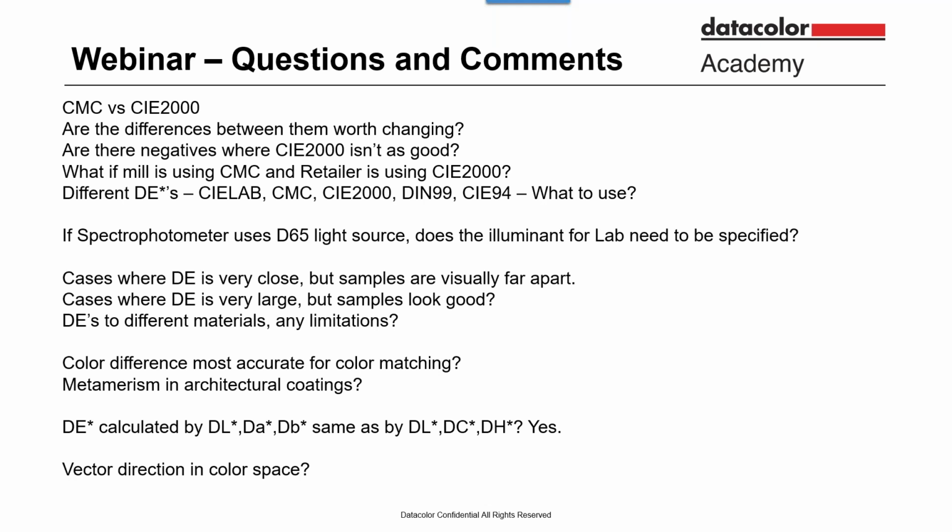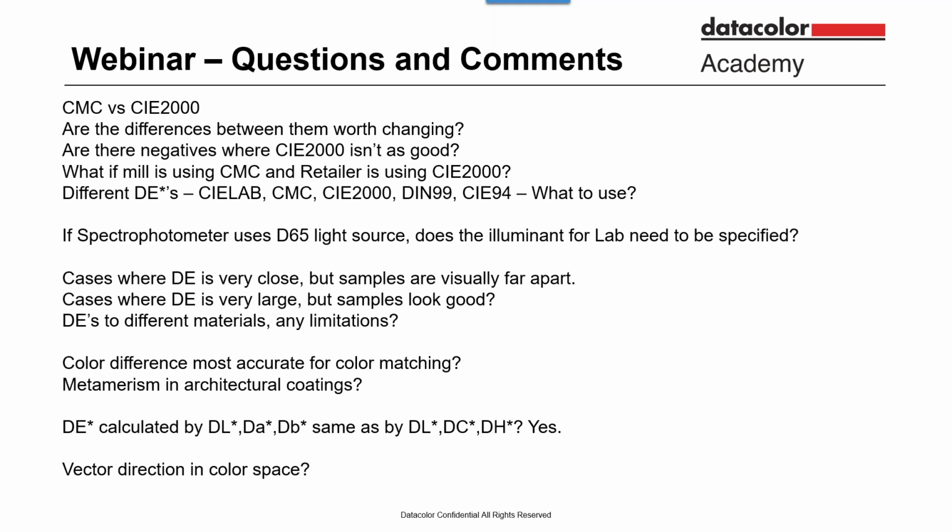That's a tough question. In most cases, I don't think that the differences between CMC and CIE 2000 are that great that you would just automatically switch because of it. I would say it's basically more of what your suppliers are using or what you're actually using in the field. However, CIE 2000 is the recommended acceptability equation at this point.